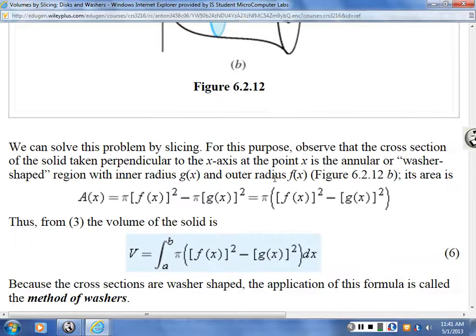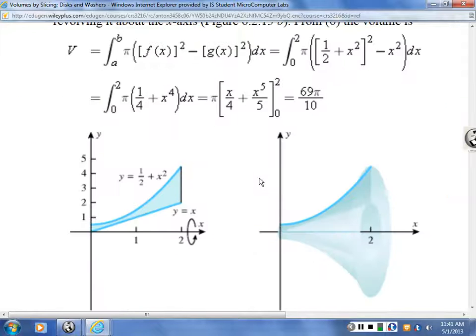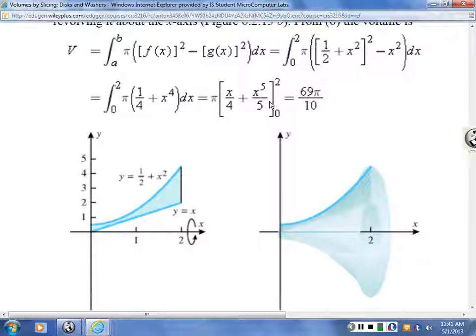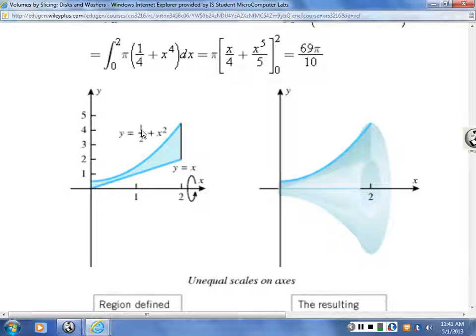Yeah. So let's look at a few more pictures. Your book does this example where we have 1/2 plus x squared. So that's the top curve. And we have y equals x, which is just the line. It's the bottom curve. When I rotate that about the x-axis, each slice is going to be a washer.